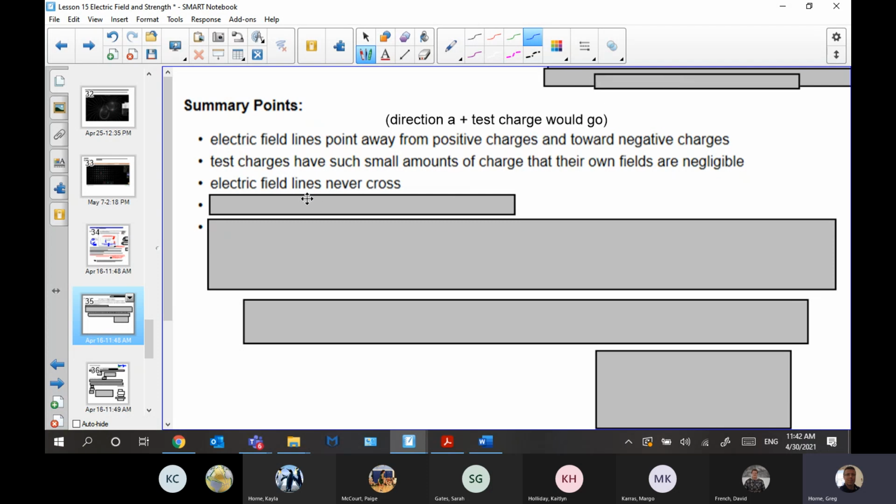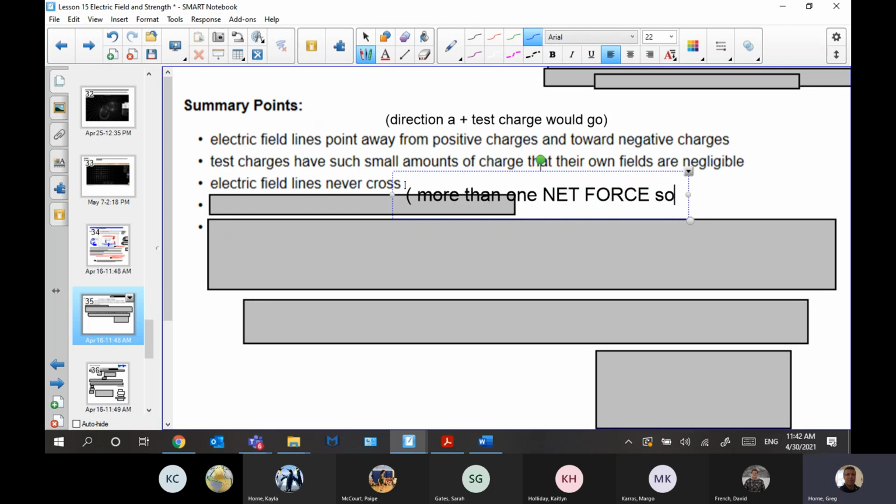Electric field lines never cross because you can't have two net forces, right? And one net force doesn't make sense. And the field lines represent net force. What else here?